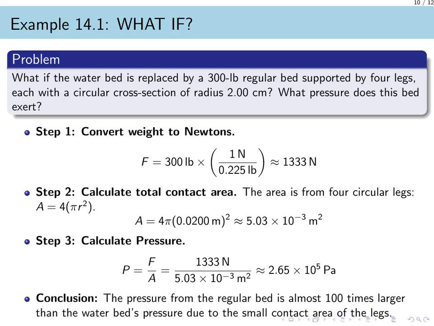Finally, we find the pressure by dividing the force by this very small area. The result is a surprisingly large pressure of 2.65 times 10 to the power of 5 pascals. Even though the regular bed is much lighter, it exerts almost 100 times more pressure than the waterbed, because its weight is concentrated on the tiny tips of its legs.